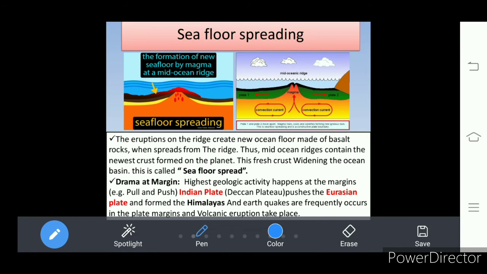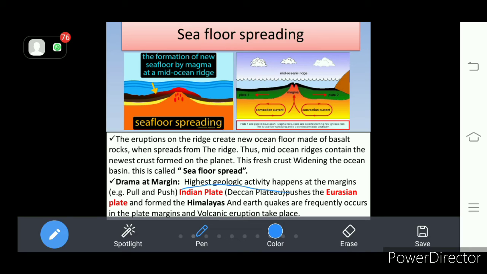So the highest geologic activity we find at the margins of the plates. When the Eurasian plate and the Indian plate pushed each other, that led to the formation of the Himalayas.